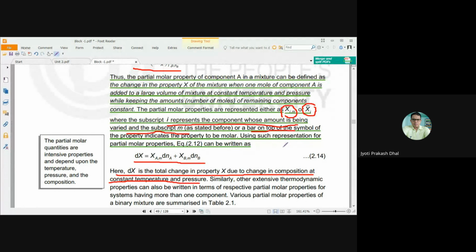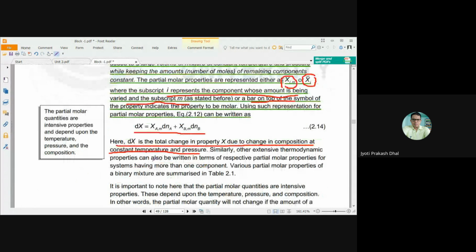Using such representation for partial molar properties, you can write dX equals XAM dNA plus XBM dNB.